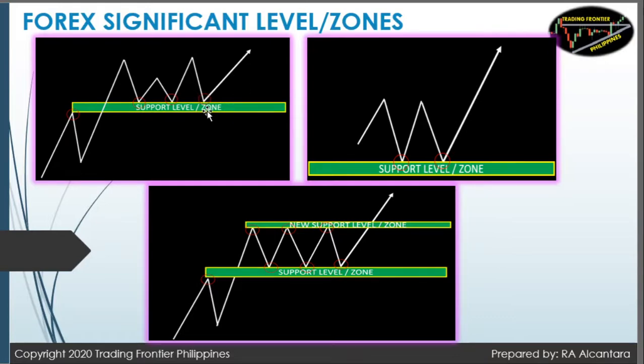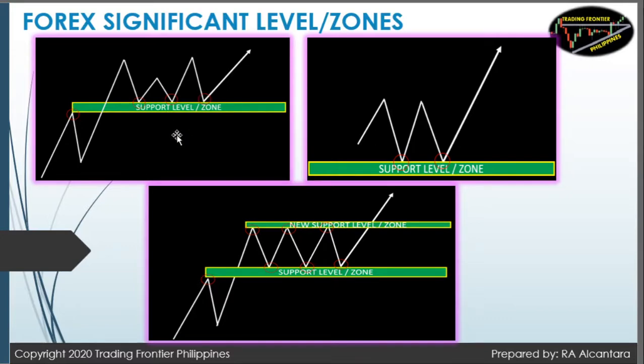In order for you to train your eyes to simply identify your key significant support level or zone at a glance on a specific chart, you must be able to identify reactions on that specific level. As you can see here, I have several examples on how you can identify a key support level or zone. So we have here multiple touches: 1, 2, 3, 4.